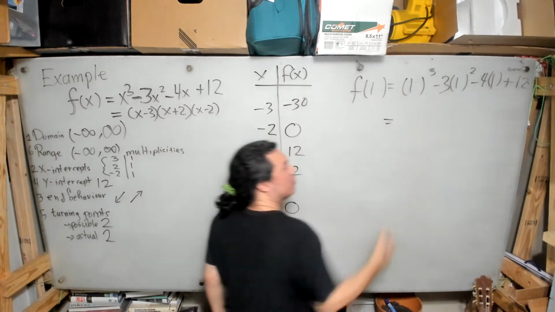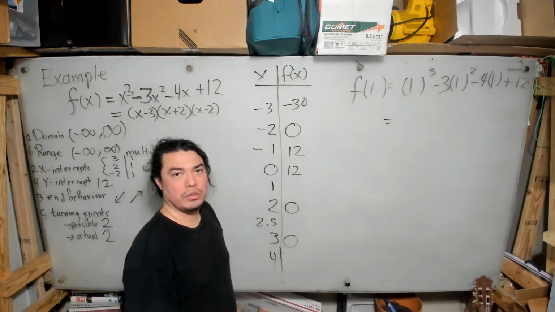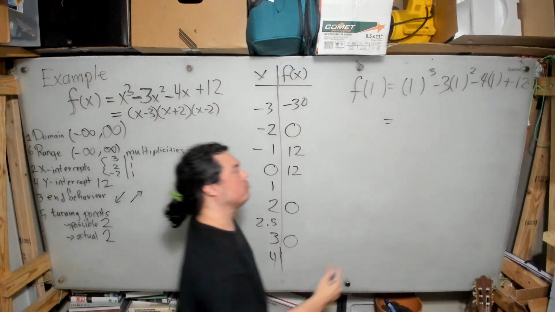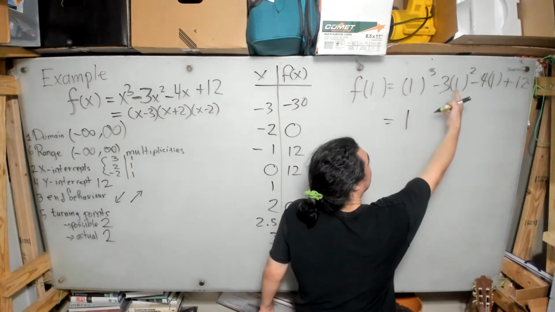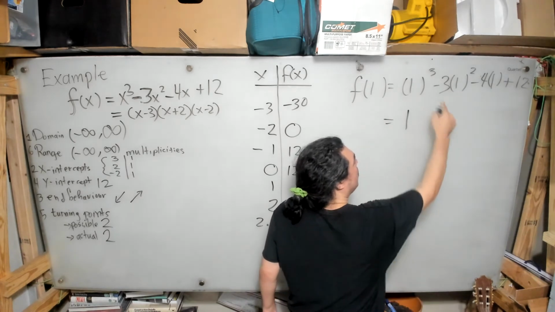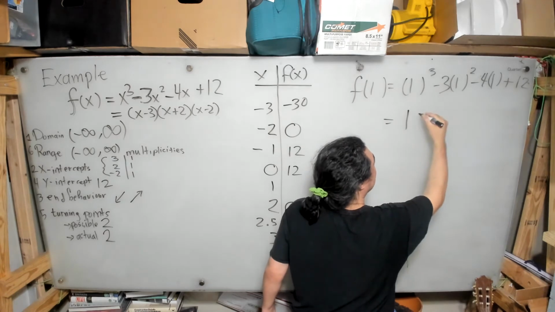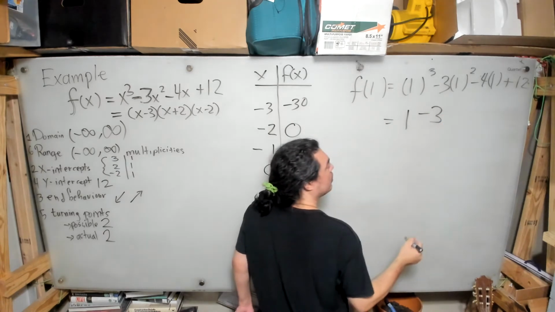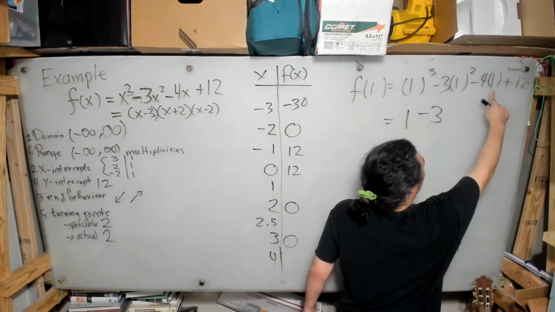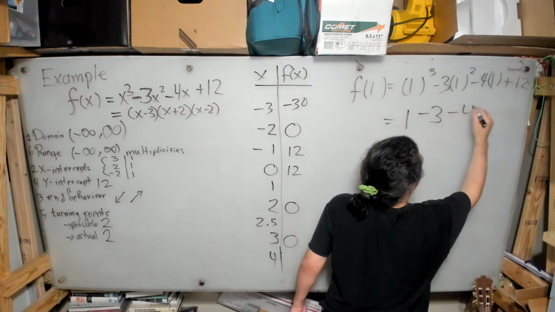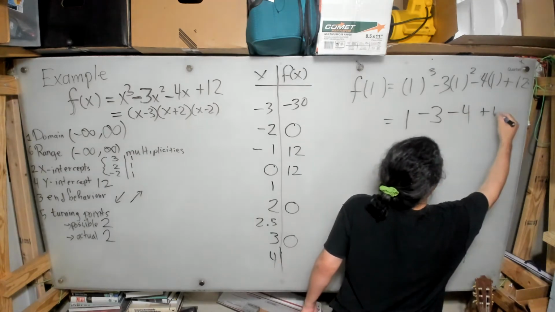What is 1 cubed? 1 times 1 times 1. What's 1 times 1 times 1? It's 1. What's 1 squared? It's just 1. So minus 3 times 1. Well, 3 times 1 is 3, so it's minus 3. What's 4 times 1? 4. Minus 4, right? And then plus 12.